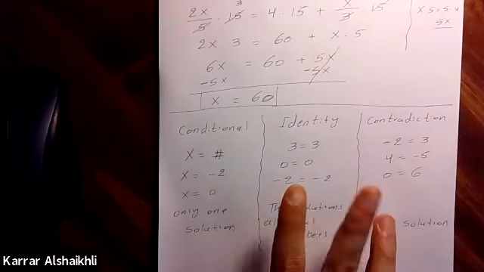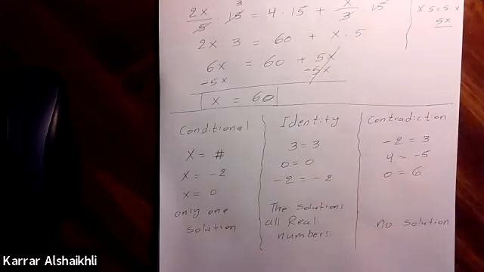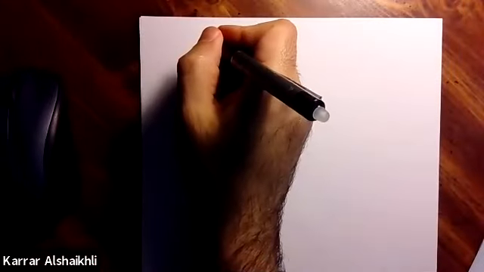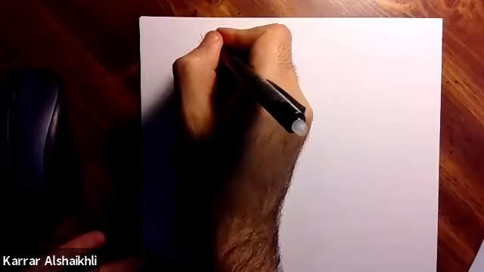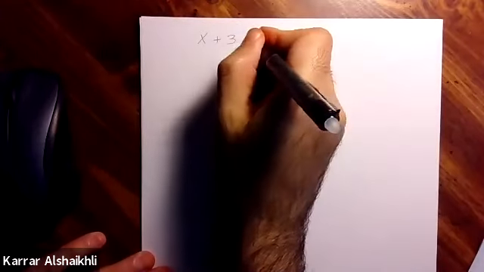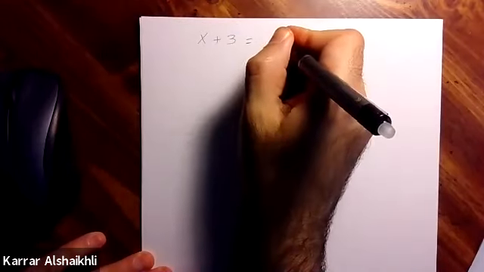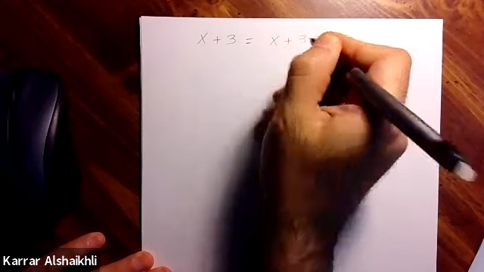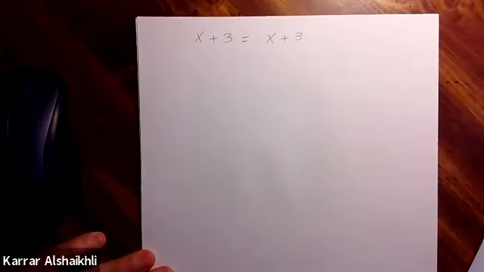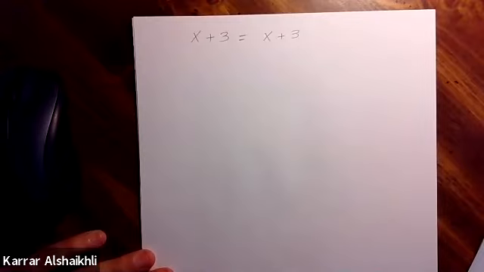Let's do examples of identity and contradiction. I'm going to give you two simple examples of how these two types are going to be. For example, if we have this linear equation, x plus 3 equals x plus 3, we need to find the value of x.